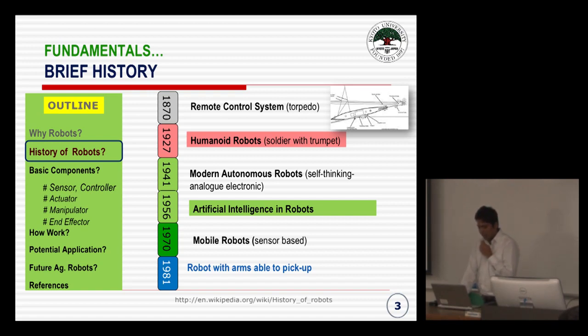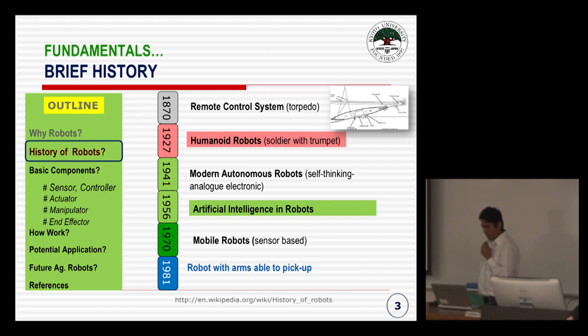Then humanoid robots were invented in 1927. After that, the modern autonomous robot was introduced in 1941. Autonomous here means self-thinking, driven by an analog electronic system. And artificial intelligence, a very important thing for autonomous robots, was introduced around 1956.